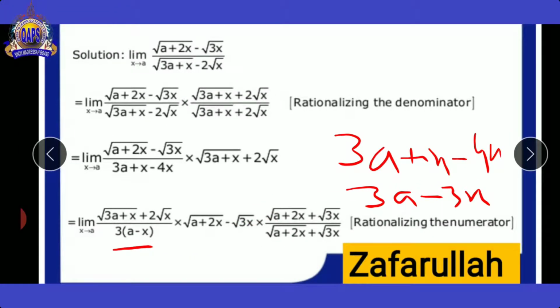that when we apply the rationalization method again, radical a plus 2x minus radical 3x, we multiply and divide by radical a plus 2x plus radical 3x, because there is no solution creating from this function, so that's why we again apply rationalization to the numerator.